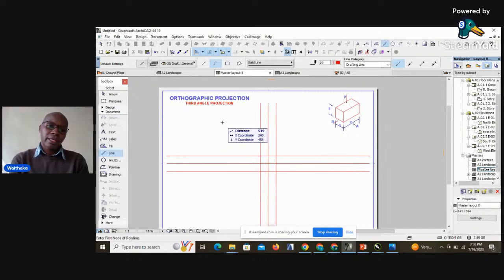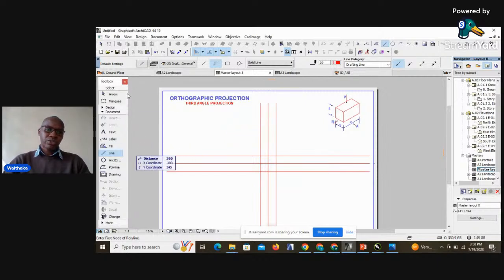So when we come to third angle projection, again, we will pick just the same example of the same rectangular block and see what changes now between first angle and third angle projection.